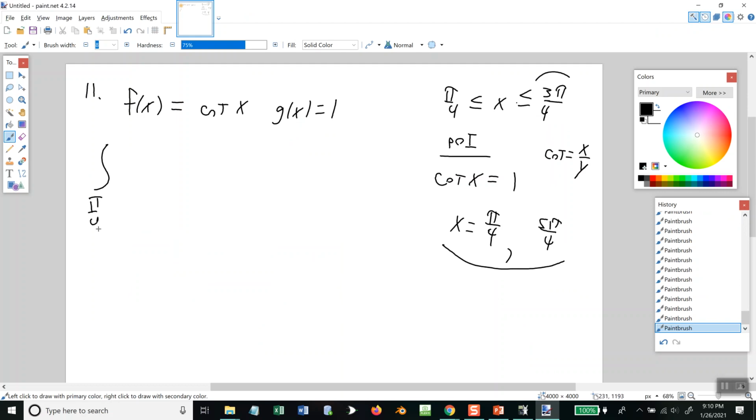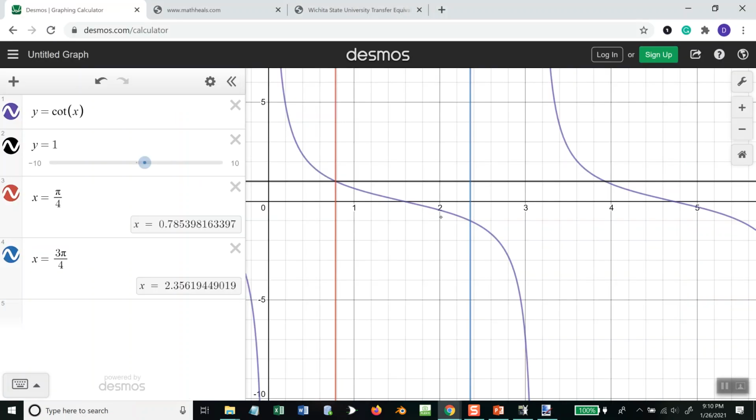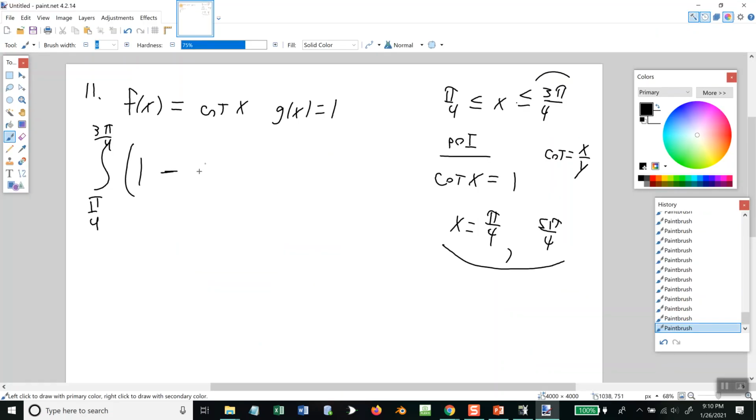So pi over 4 to 3 pi over 4. So we'll have 1 minus, and cotangent is now this curve down here, the purple, dx.